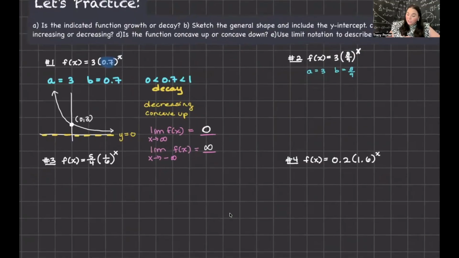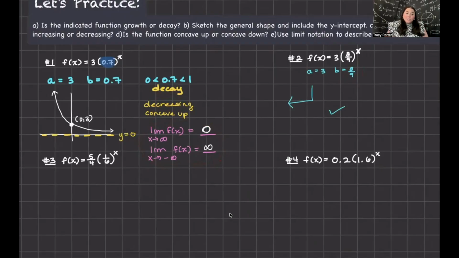Nothing else will really change because you still are going to have decay, because 8/9 is between 0 and 1, which means it's going to be decreasing, concave up. And so your limiting behavior is going to look the same. So we can say that all of this over here works for problem number 2.